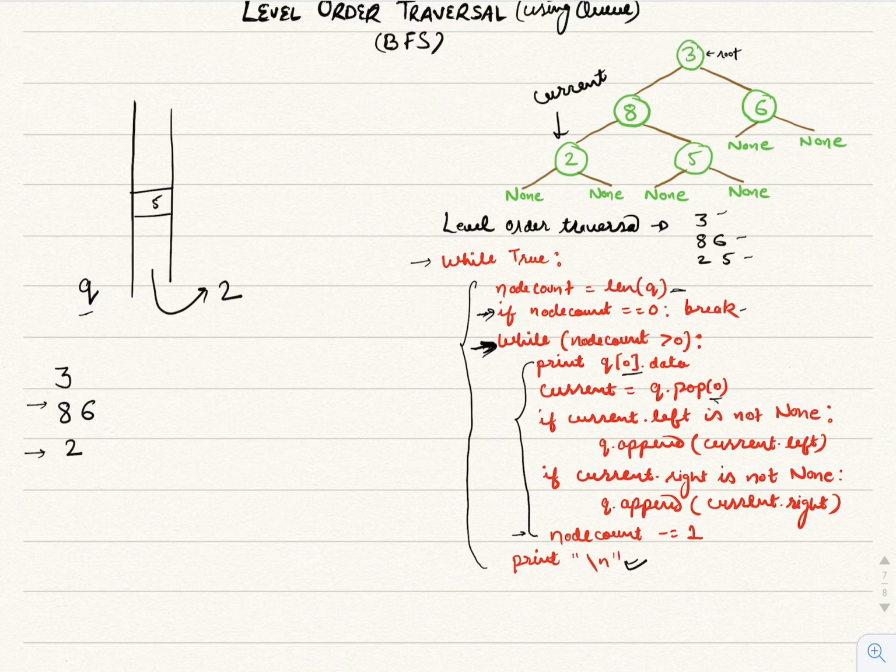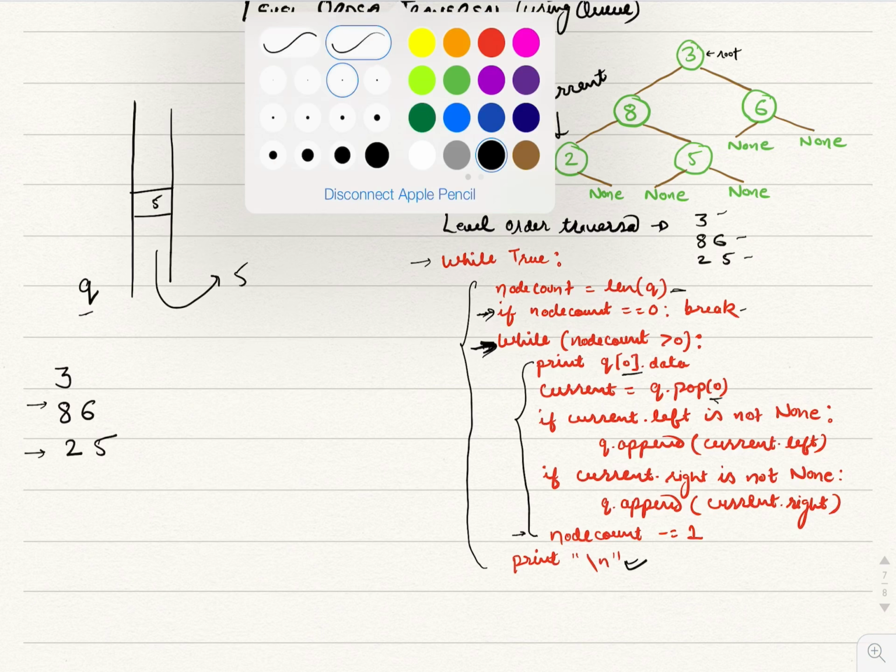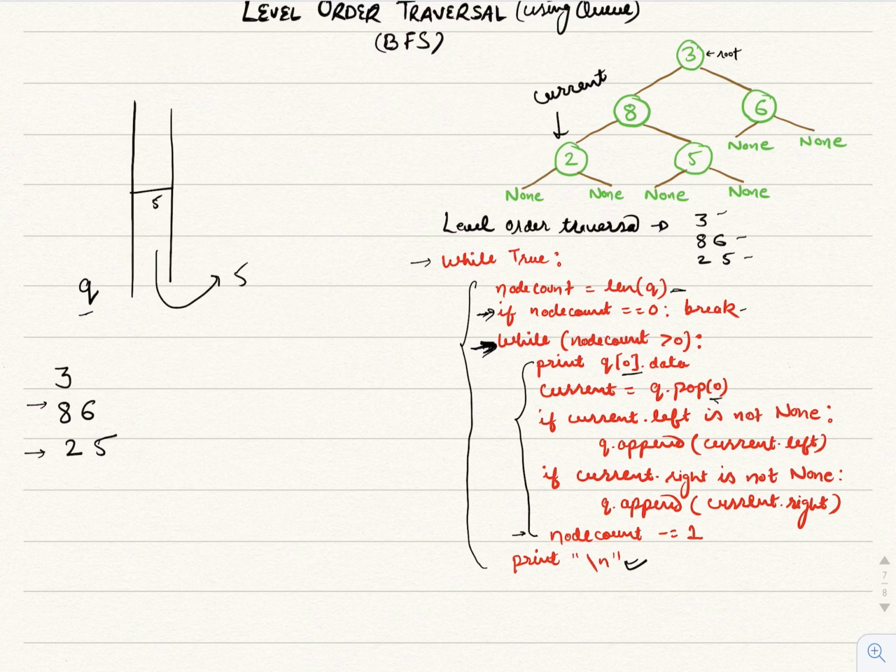It will print the first element of the queue, which now is 5, and it will pop this element out of the queue and assign current to it. It will pop 5 and assign current to 5.